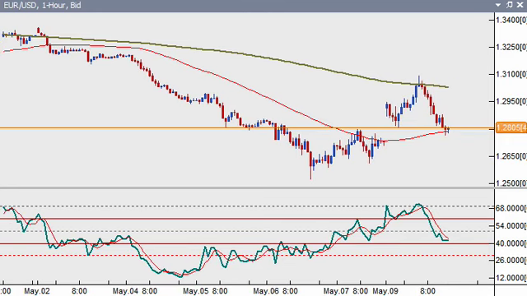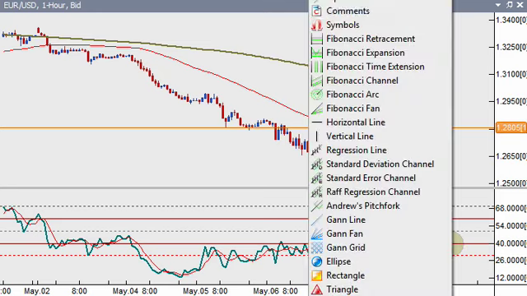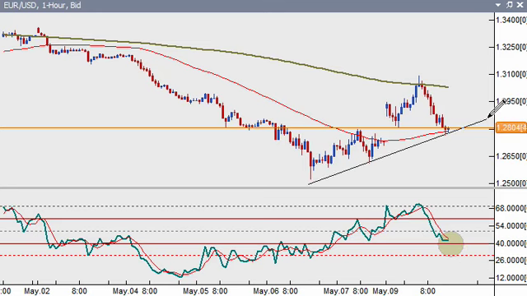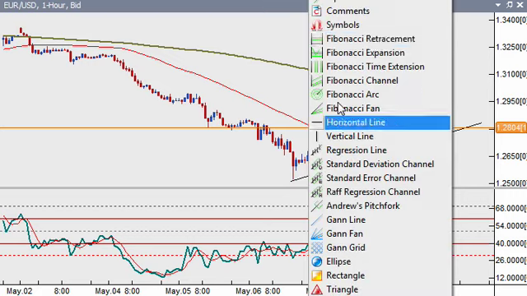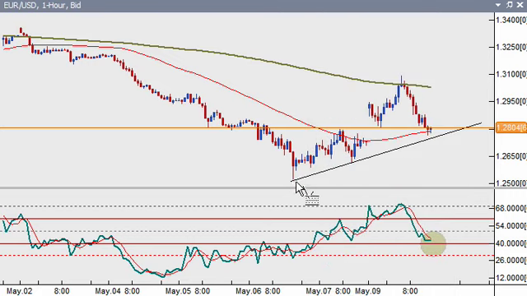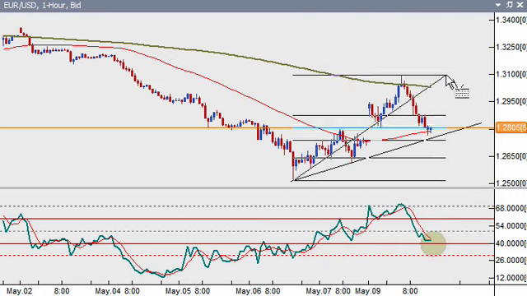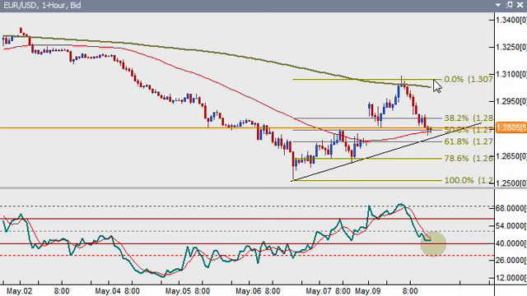You see here, it has to break below 40 in the RSI, and that would likely coincide with our closing of the gap, as well as the break of this rising trend line, as well as your 61.8% retracement.